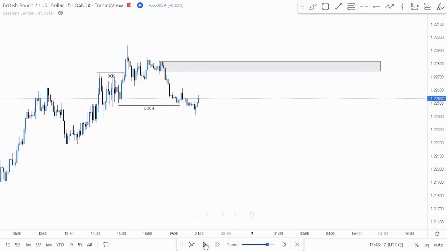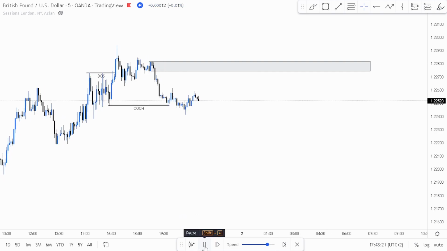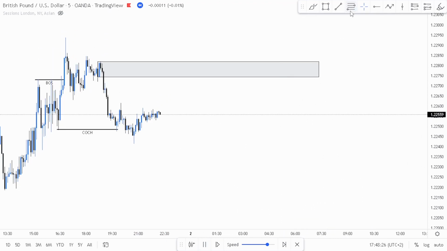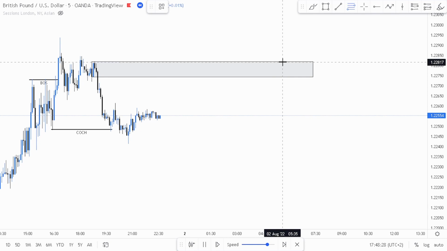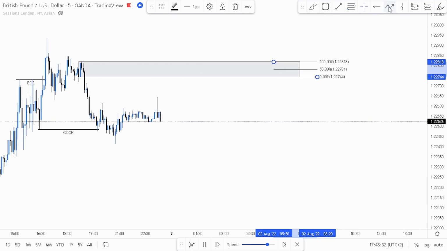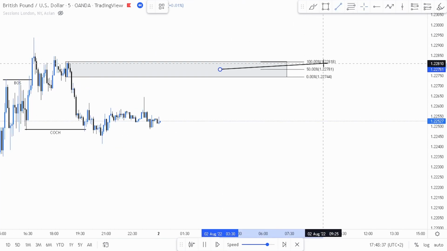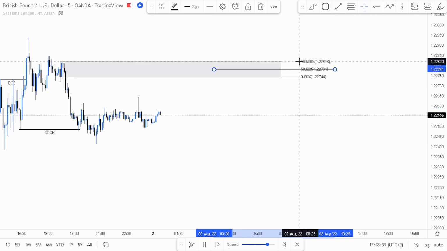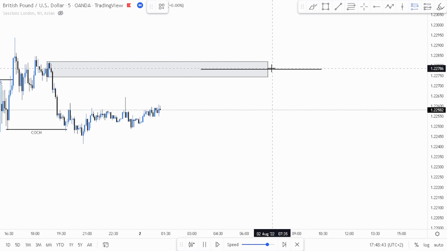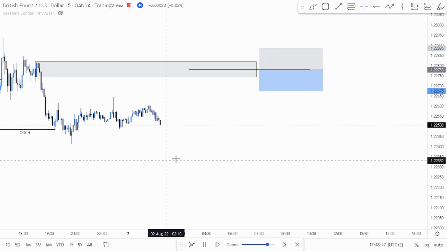We want to mark it out, and price is just moving, and again 50% of this level is where you want to get involved, and just mark it out simply like that. And that is where we'd be looking forward to take our trades. So let us see what price does.